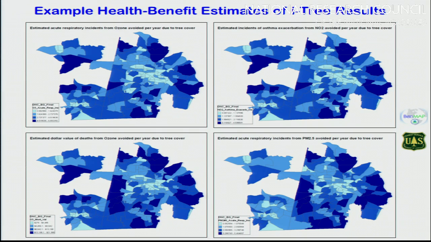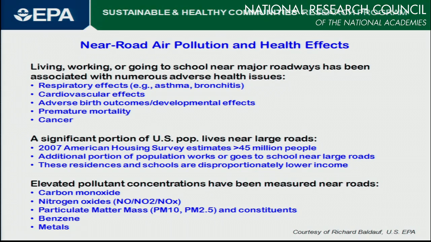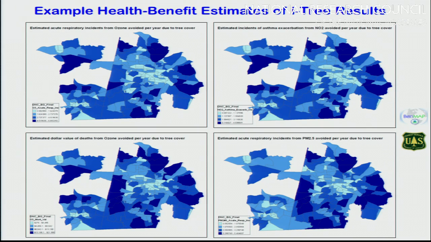Just as an example of what this looks like in the atlas at the block group scale for a community, this is our first community that will be posted when the atlas is peer-reviewed in April. It shows different outcomes based on the population distribution for the reduction in various criteria air pollutants that are very tiny up here at the top, just to give you a general idea of what the display looks like.